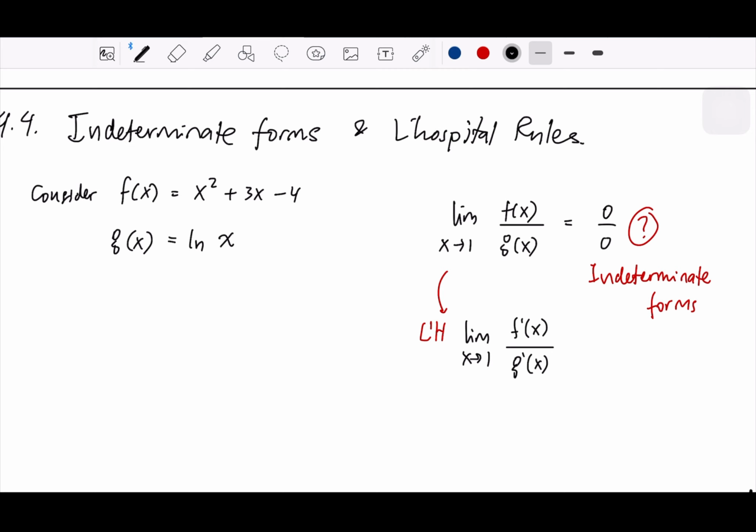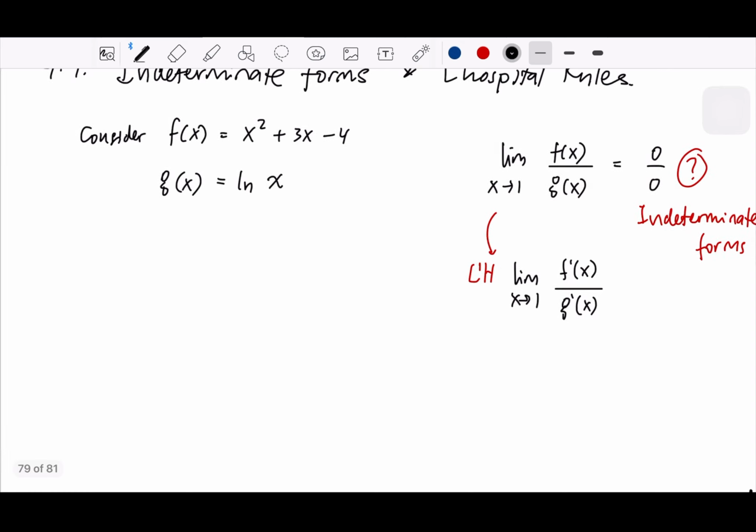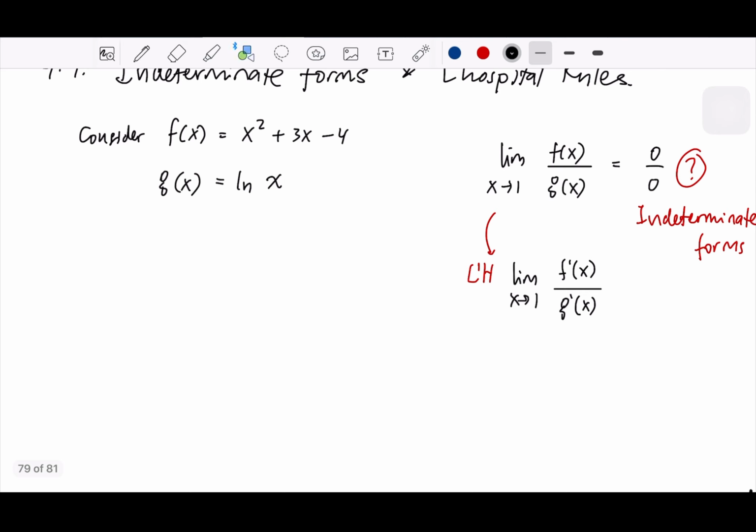So let me give you an example through the functions. Okay. Let's draw the functions first.